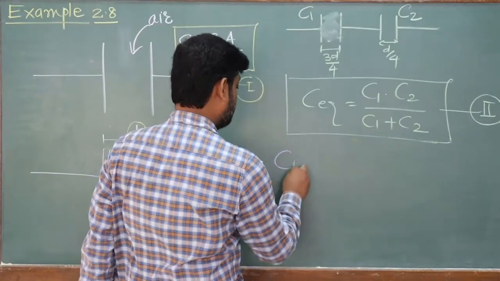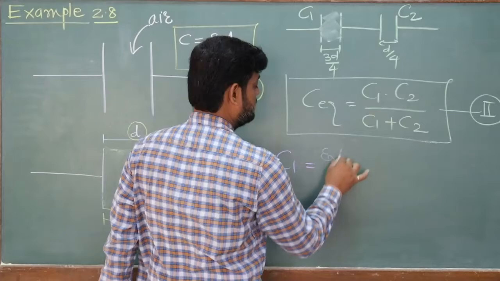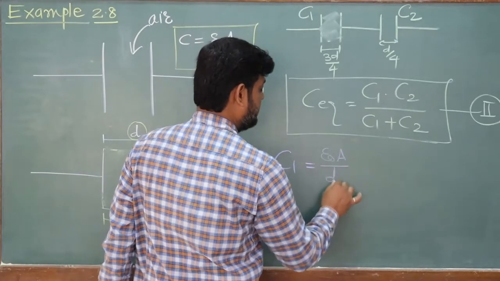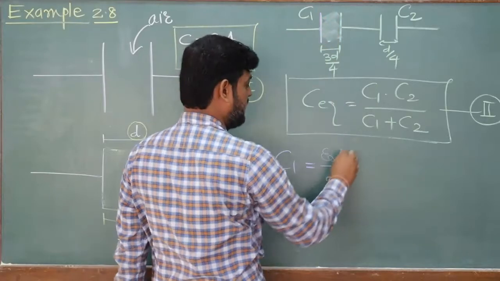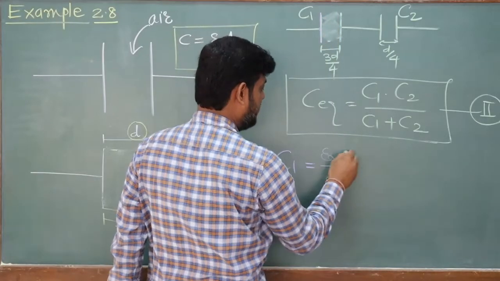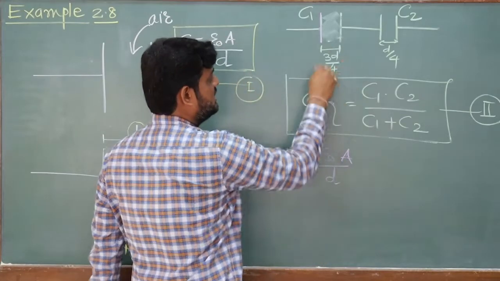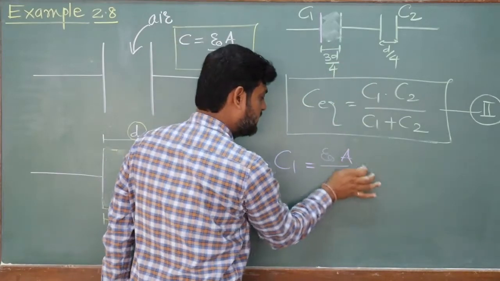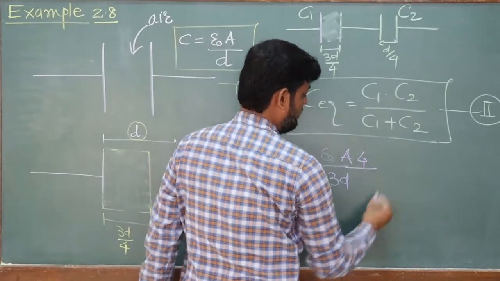See, C1 equals, what is the general formula? First of all, we know epsilon 0 A by D. This is the general formula. Here the area of the plate is A, so A remains A. The distance between them is 3D by 4, so D will be replaced by 3D by 4.